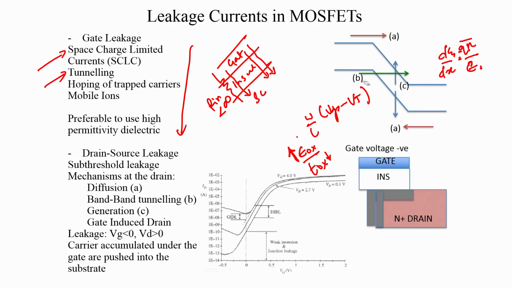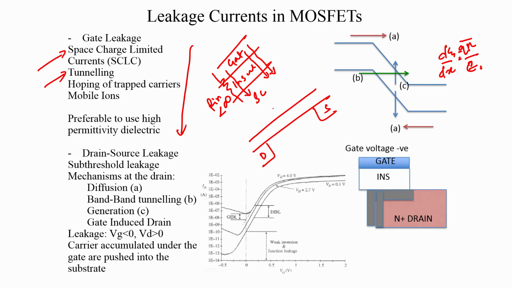Now, what about leakage mechanisms between the drain and source? So, you have the drain and source electrodes in a MOSFET, and when the MOSFET is off, okay, when the gate voltage is supposed to be less than VT, the idea is you do not have an inversion layer formed. So, there is no inversion layer when the MOSFET is off, and theoretically we would like the current to be 0.